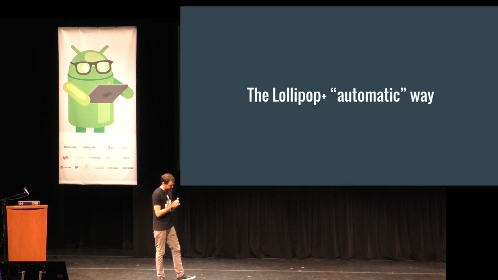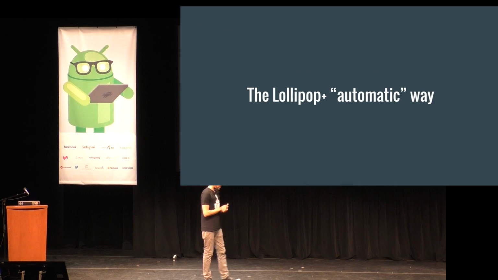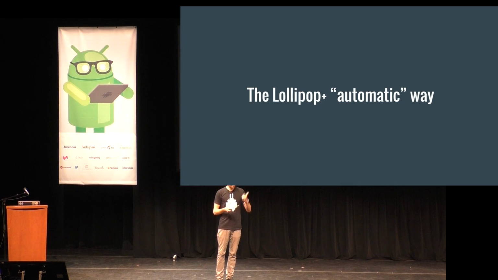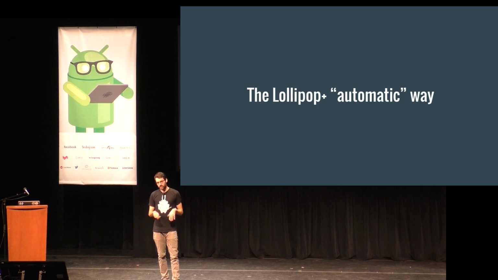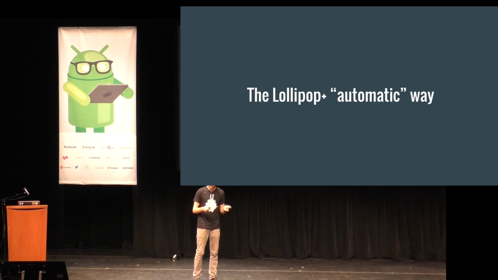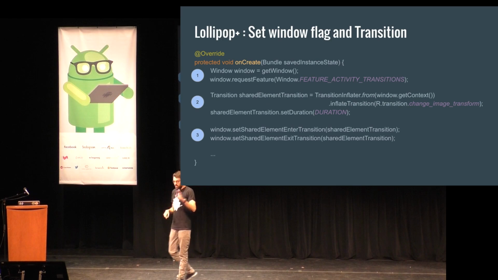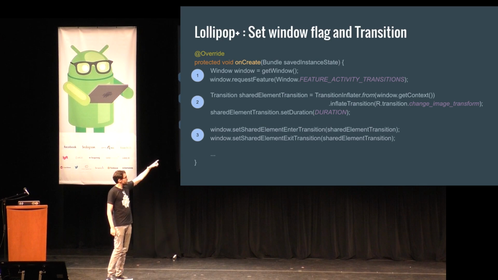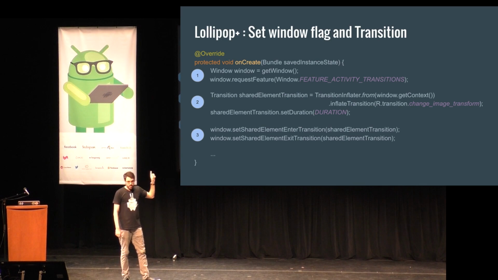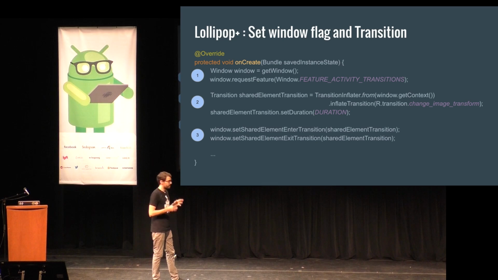First, the Lollipop Plus way. So this is really like you can just go on the Android website and read the documentation. So I'm going to go quickly, but I'm going to stop where the gotchas are, the things that the documentation doesn't tell you. So really quickly, if you follow the documentation, first thing they tell you to do is to add a flag to your window on the activity that you want to animate.